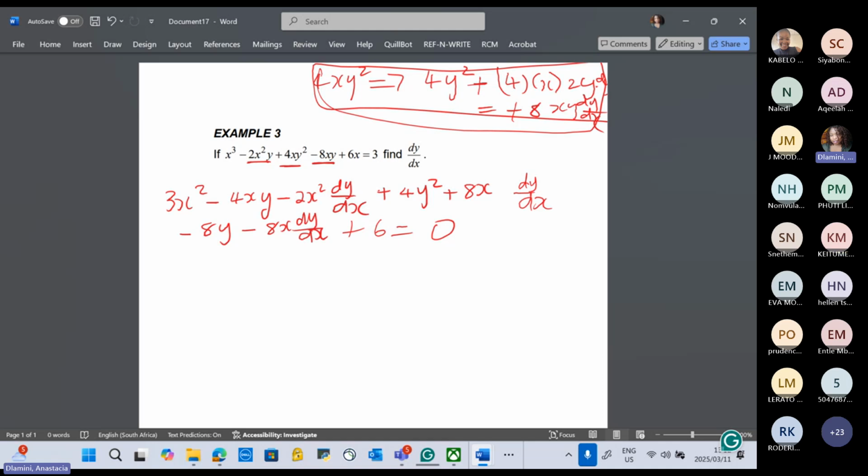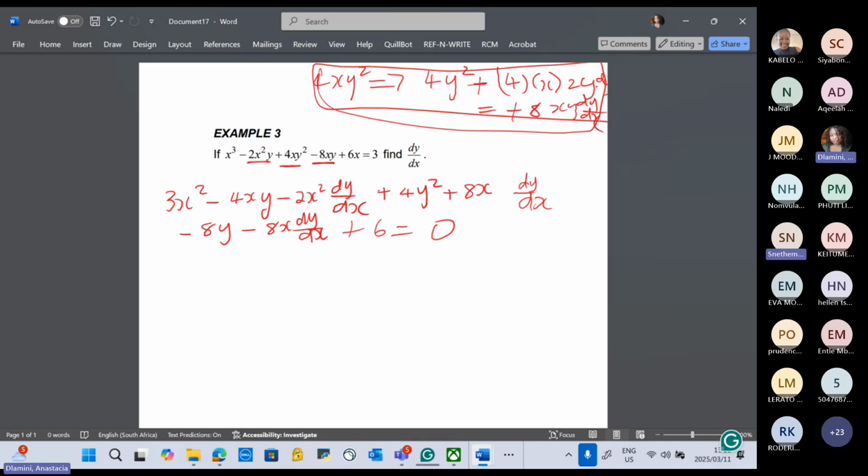Yes, because it's 3x squared minus 4xy minus 2x squared dy over dx plus 4y squared. Then it should be plus 8xy dy over dx. Where did the y? There was a y.